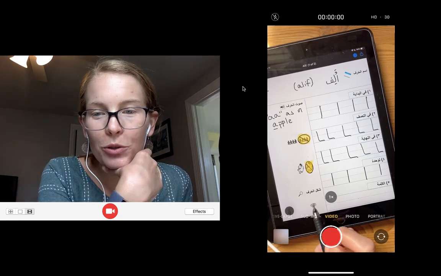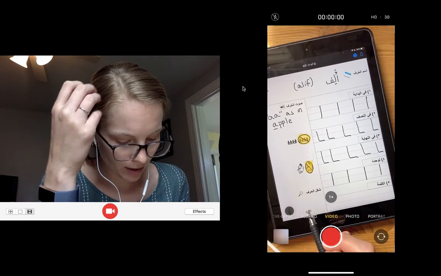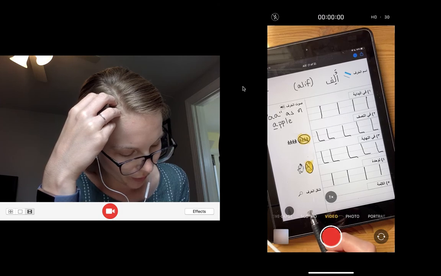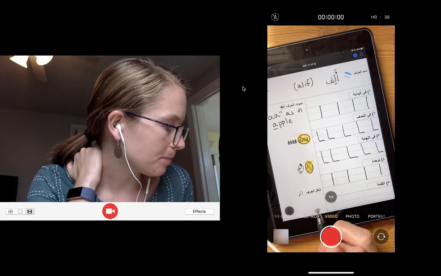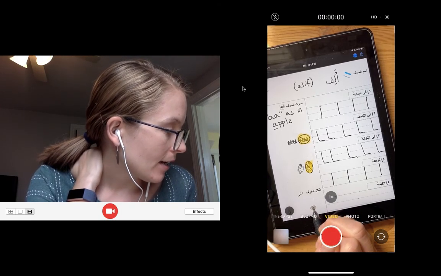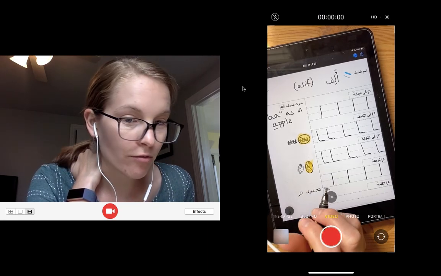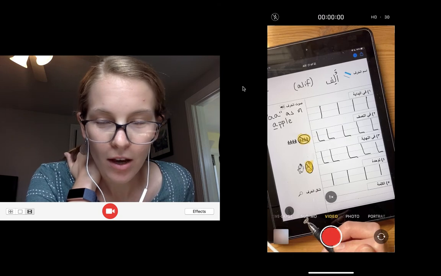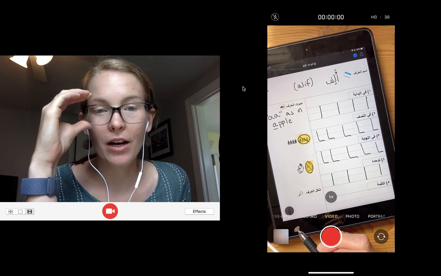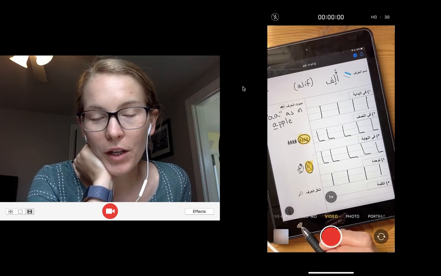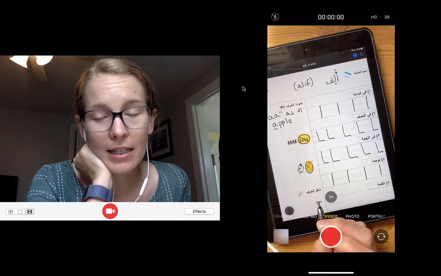What can we do to remember this letter? For a mnemonic, for alif, there's not an easy one. So sometimes students get really creative and come up with words that they can think of that start with a sound.